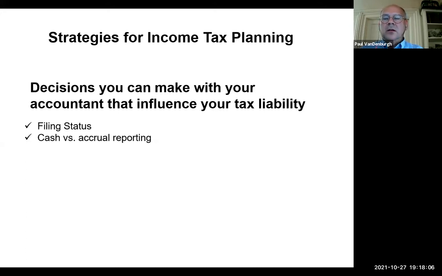Why? In the accrual environment, income is reported when earned, not when you receive payment. Let me repeat that. Income is reported when earned, not when you receive payment on the accrual method.